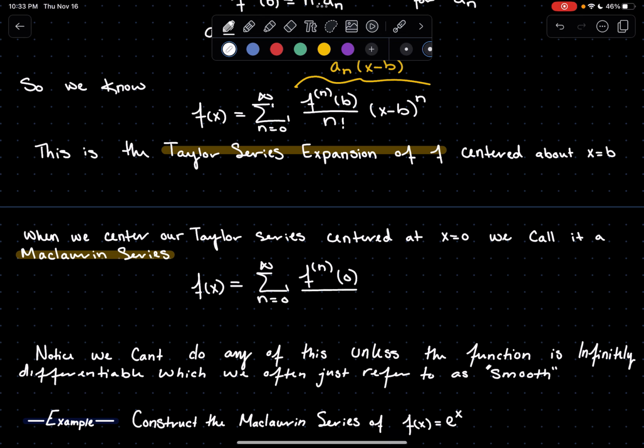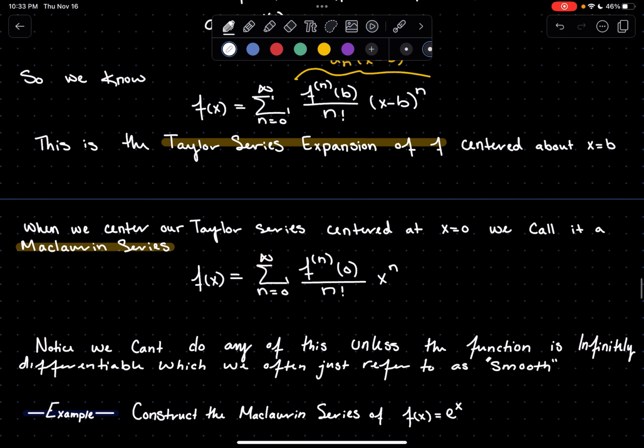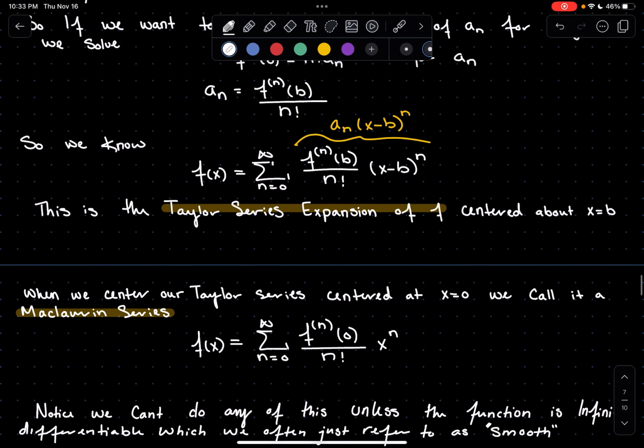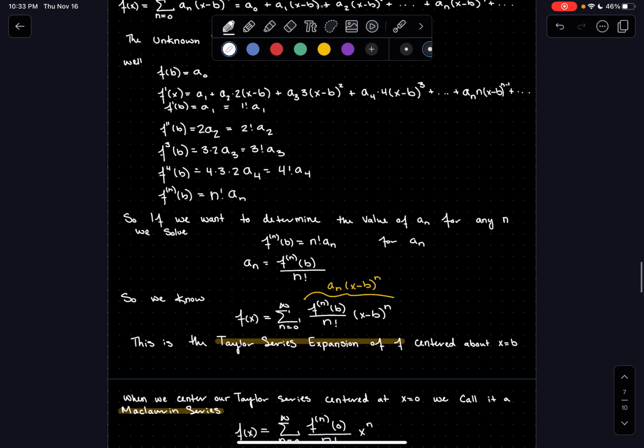So f evaluated at 0 over n factorial, times x minus 0, which is just x to the n. So it's just a Maclaurin series. And we can do any of this only if the function is infinitely differentiable, so this doesn't work for all functions.